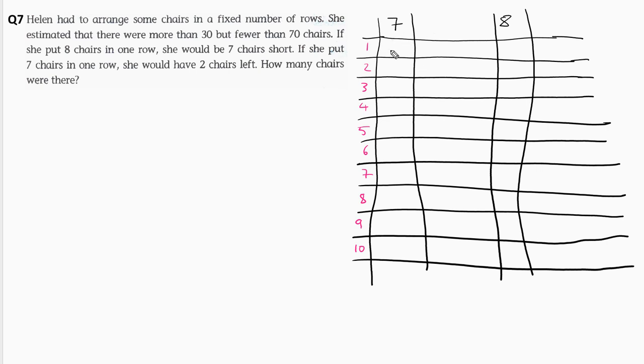Okay, so what's the 7 times table? 7, 14, 21, 28, 35, 42, 49, 56, 63, and 70. So that's my 7 times table, 1 times 7 down through to 10 times 7.